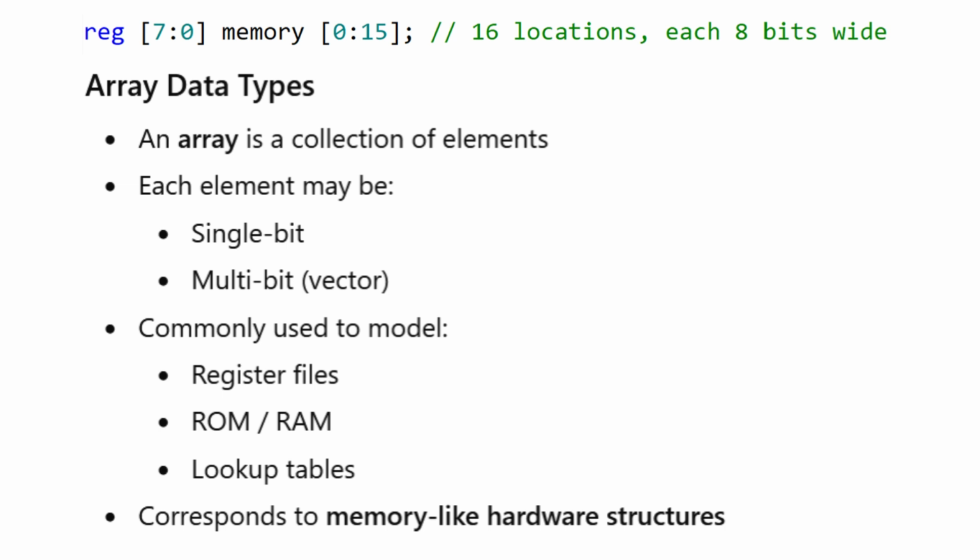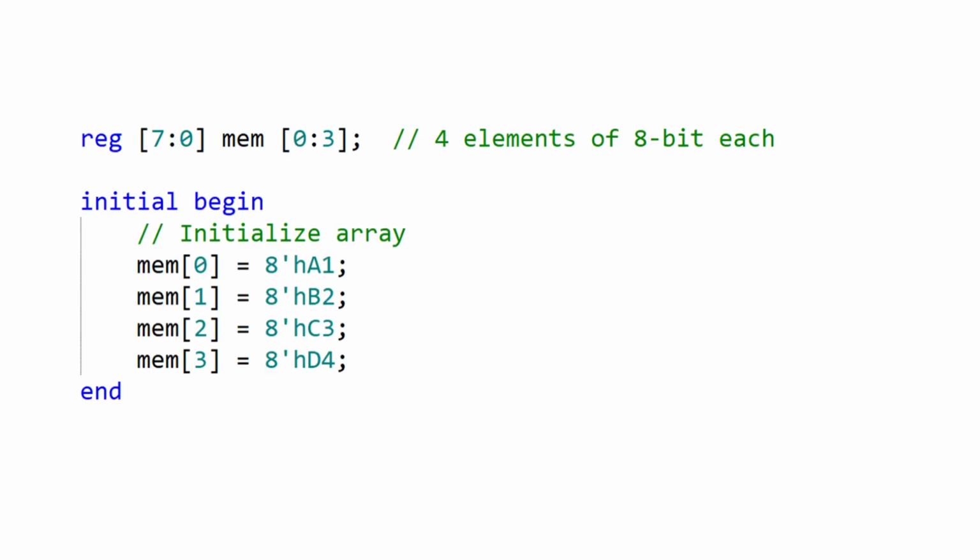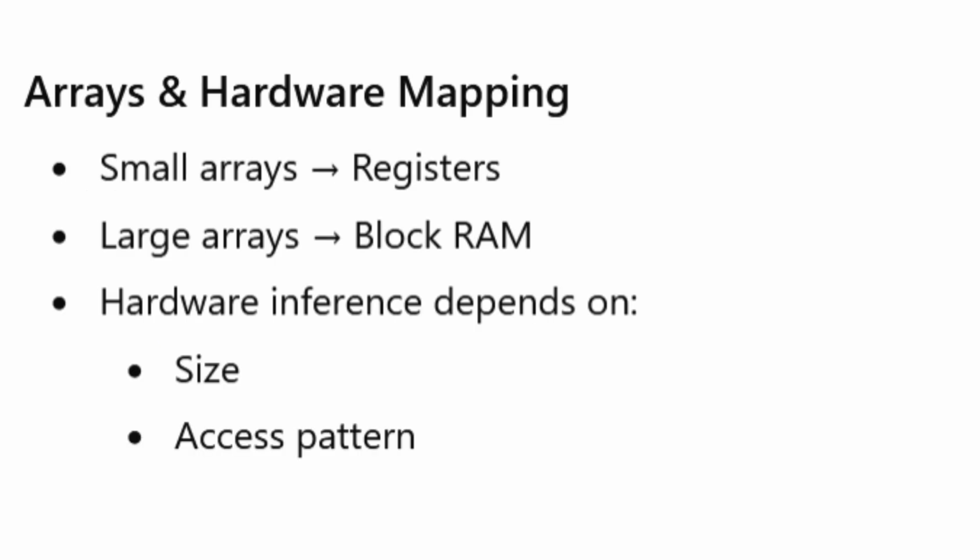In Verilog, we can have one-dimensional or multi-dimensional arrays. A very common and useful case is a two-dimensional array, where each entry is a multibit word. In hardware, such an array corresponds to a bank of registers or memory cells. How an array is synthesized depends on size and access pattern. Small arrays may become registers, while larger arrays may infer block RAMs.